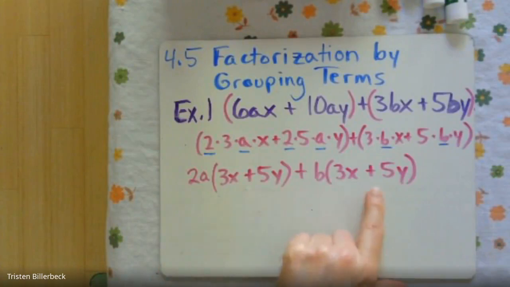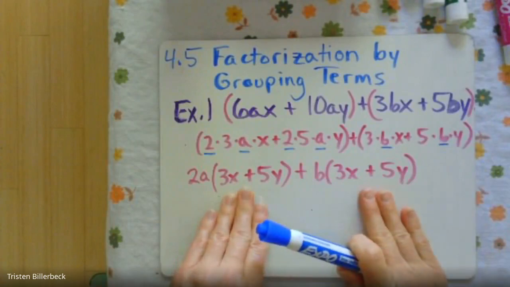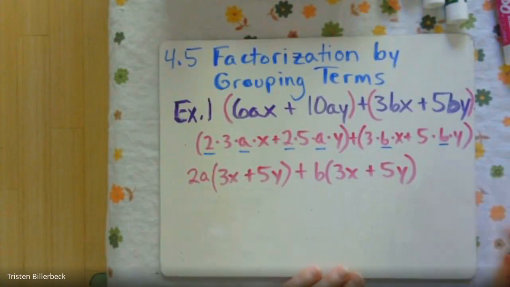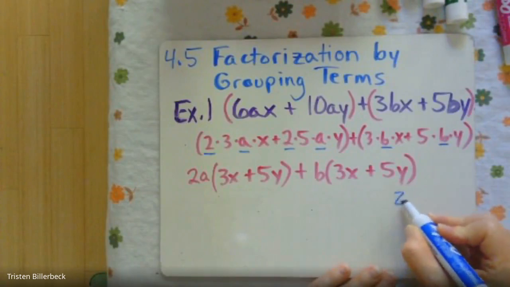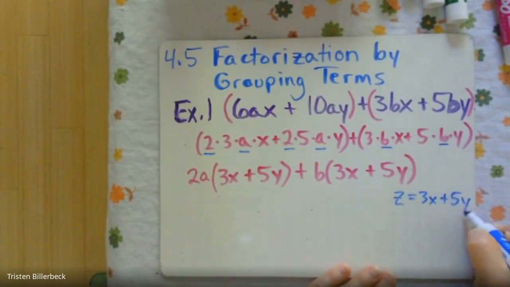This is the same thing as this, but it looks way too complicated. So we're going to say I can't look at those. We're going to call these z. Now we can't deal with it. So z equals 3x plus 5y.